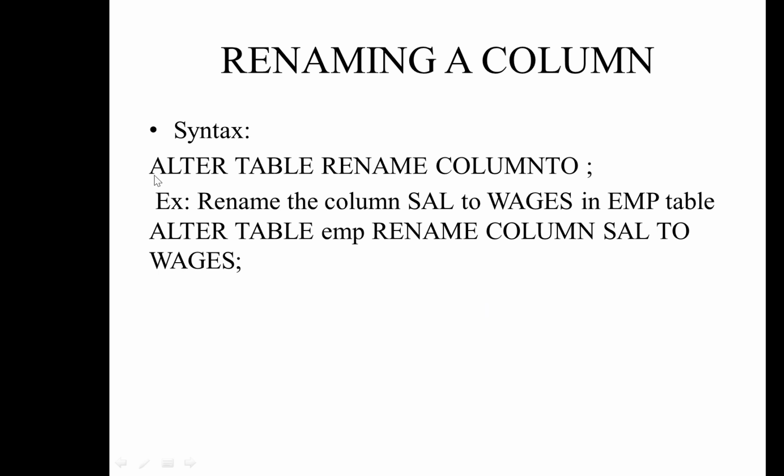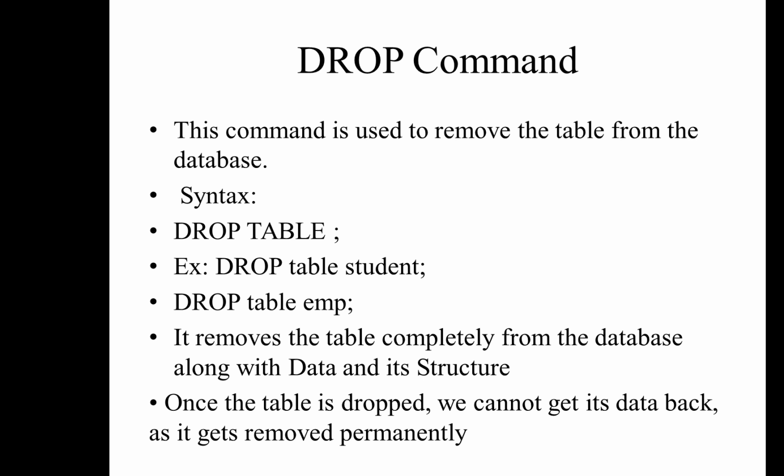For this, follow the syntax: alter table, rename column, to. For example, rename the column salary to wages in the employee table: alter table employee rename column salary to wages. This is the command we have to follow for renaming a column.